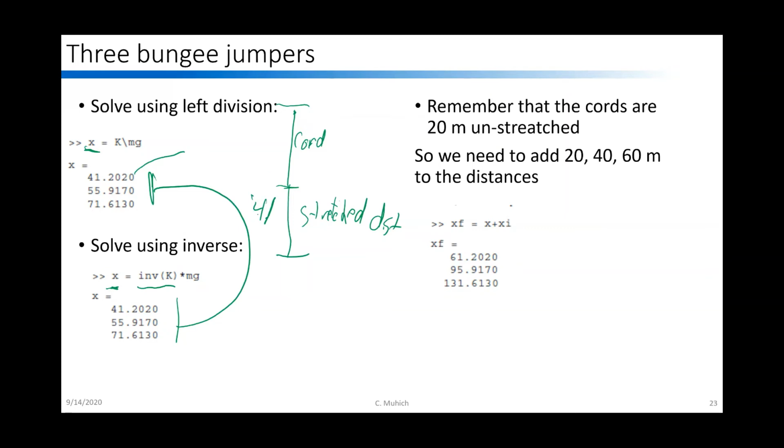So we need to add back in the 20 meters for the cord to get the true distance. So the first one we need to add in 20 meters. The second one we need to add in 40 meters because there are two lengths of cord, and then the third bungee jumper we need to add in 60 meters to account for there being 3 unstretched cords.